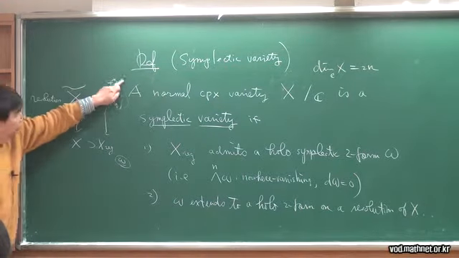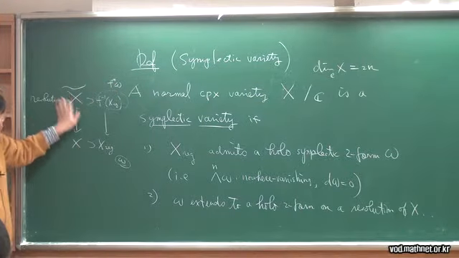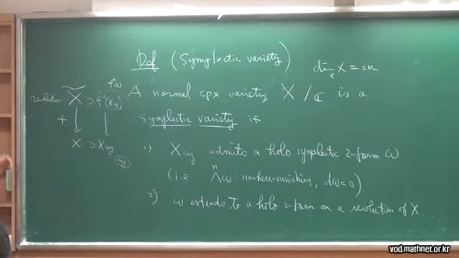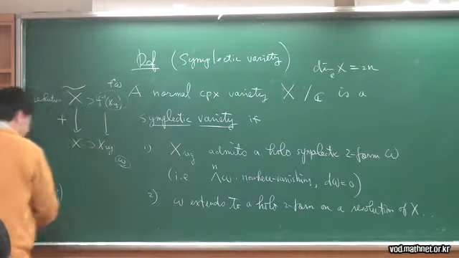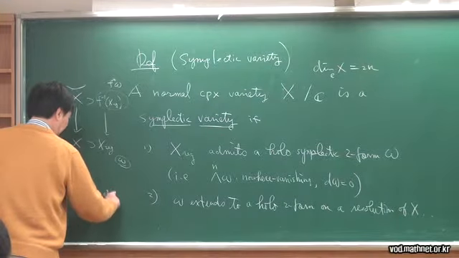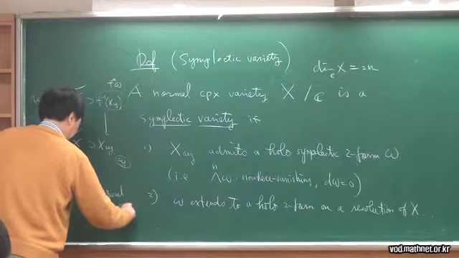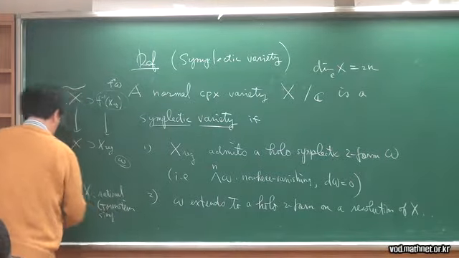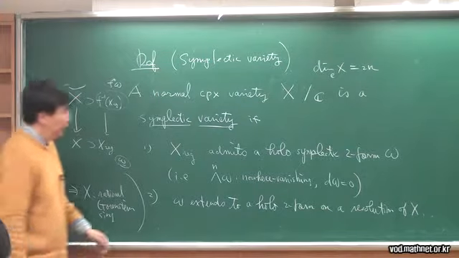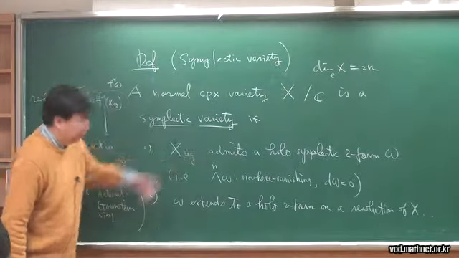This holomorphic two-form extends on all of X tilde. This is the second condition. The second condition means that X has rational Gorenstein singularities. This is a remark, and this condition is a very, very strong condition.